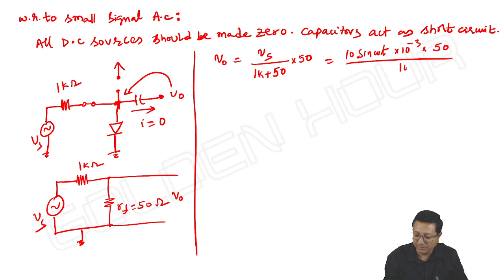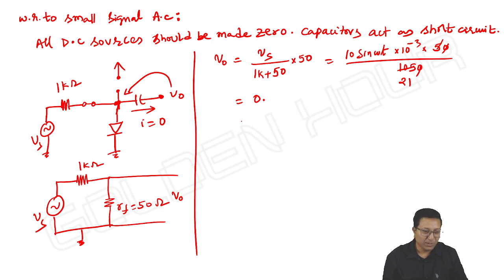Into 50 by 1050. 5 cancel. So 10 by 21. So you can see 0.46 approximately, 10 by 2. Actually 10 by 20 means 0.5.